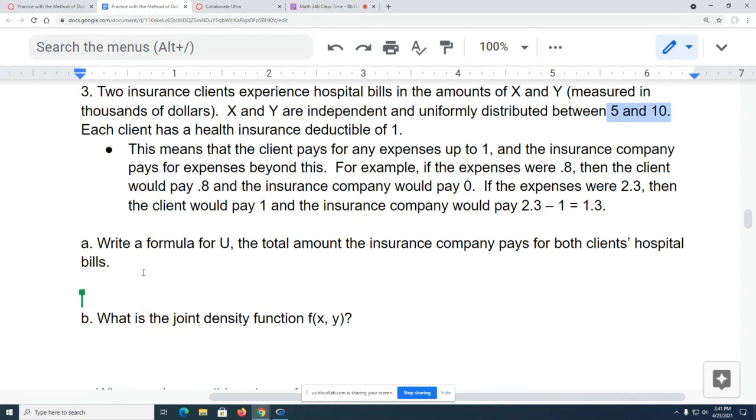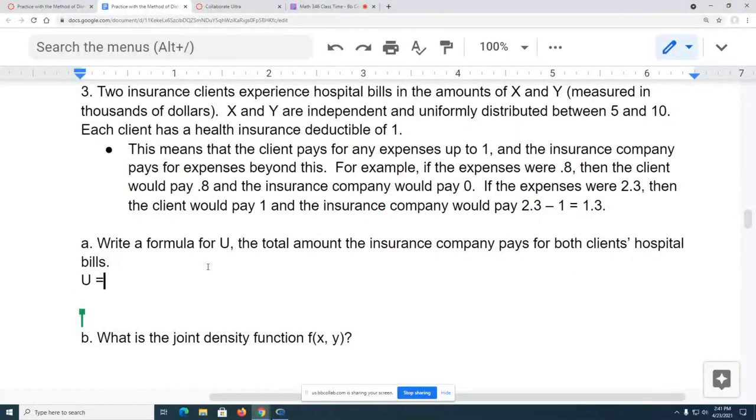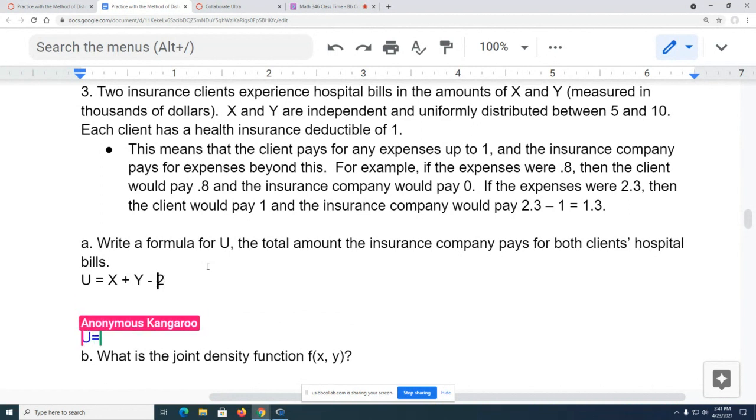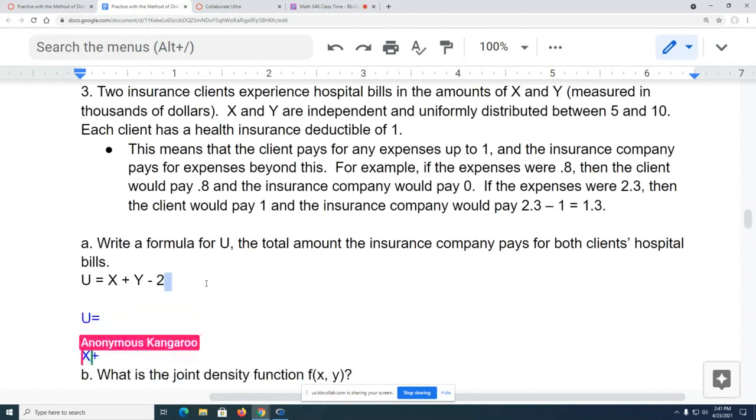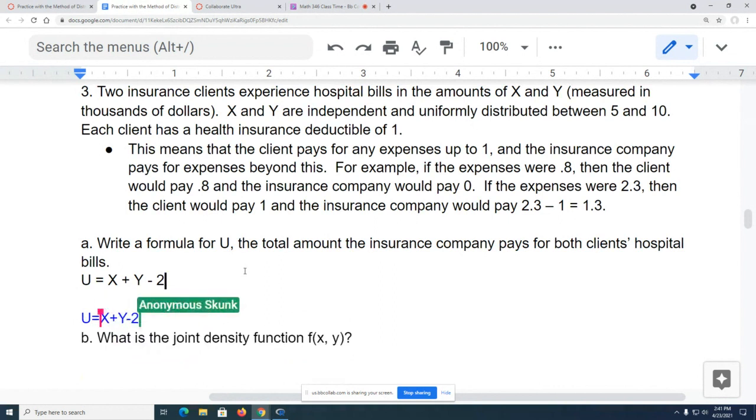All right. Yeah, so we get that U is X plus Y minus 2, because the insurance company isn't paying the deductible amount.